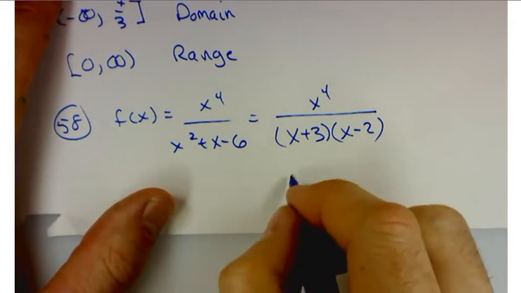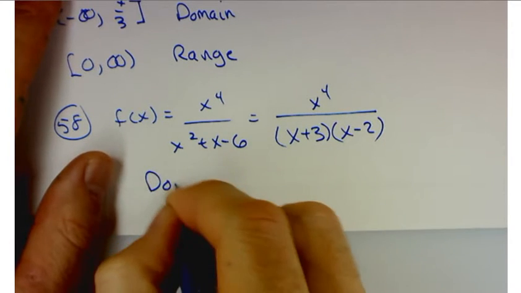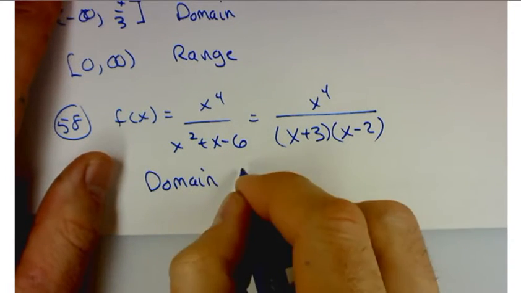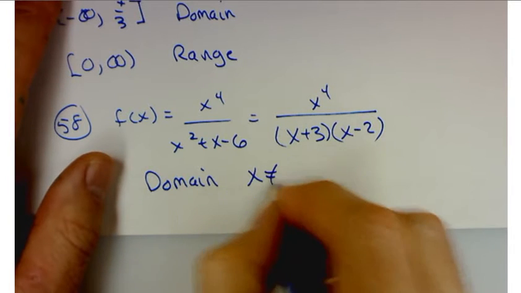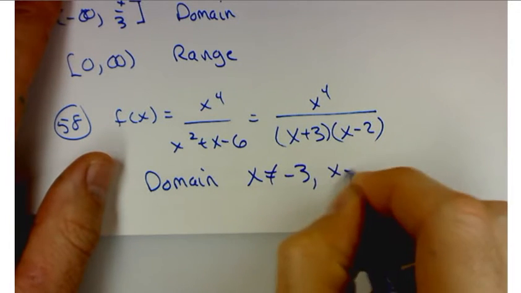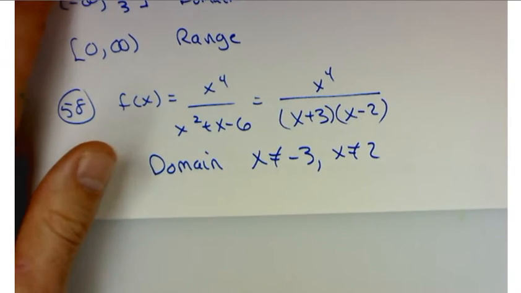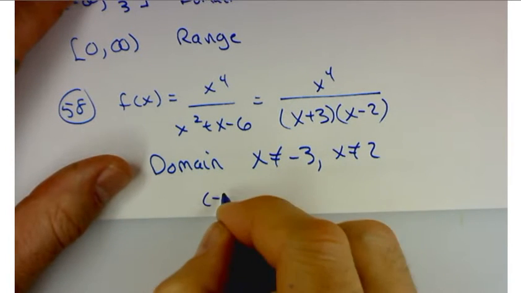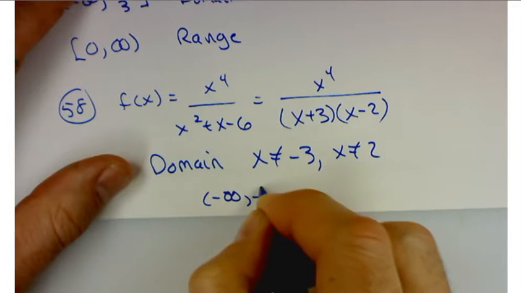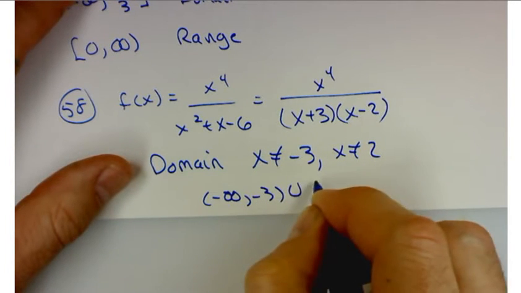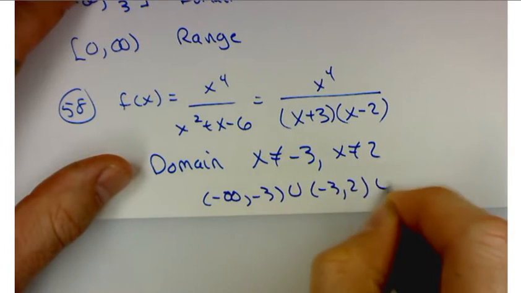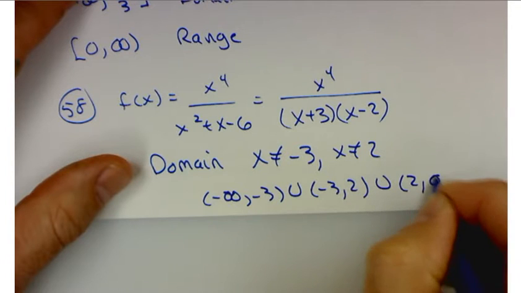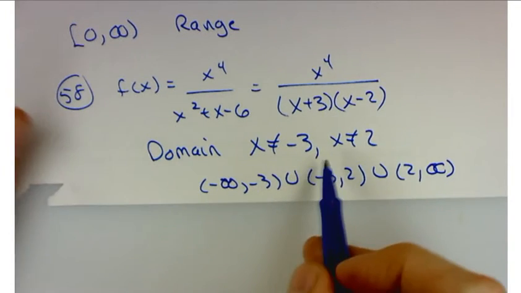So our domain is x not equal to negative 3 and x not equal to 2. And I might see the book write it in fancier ways. One way you could write this is negative infinity to negative 3, parentheses, negative 3 to 2, union, 2 to infinity. I'll let you get away with that.